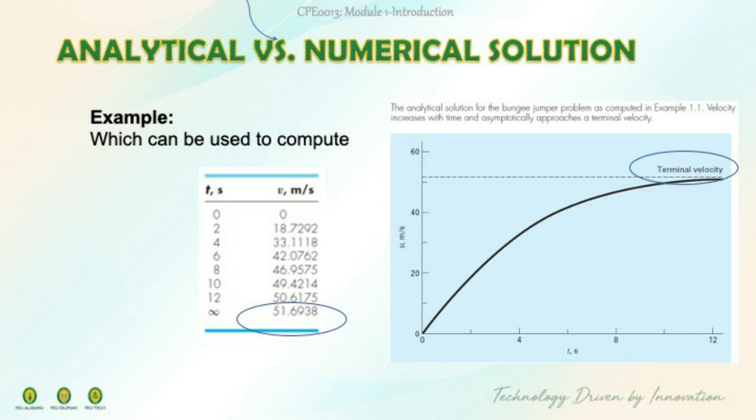So this velocity is constant because of the analytical solution for the bungee jumper problem as computed in our problem. Velocity increases with time and approaches, of course, a terminal velocity.